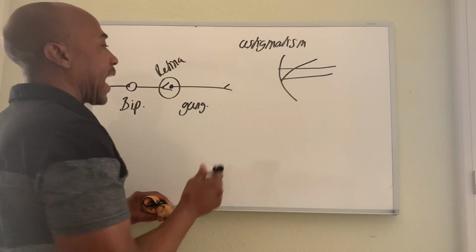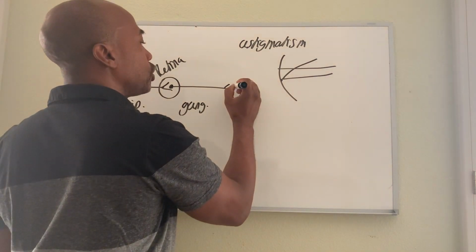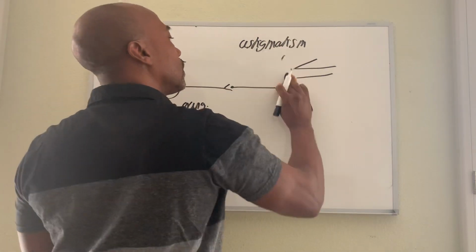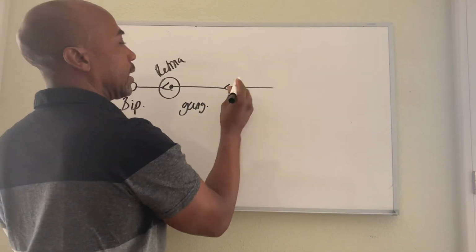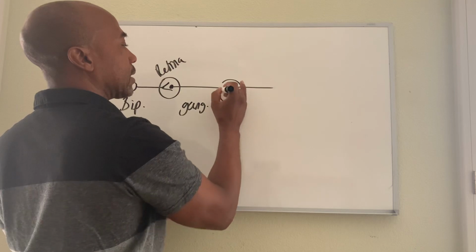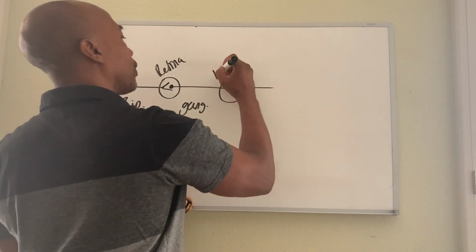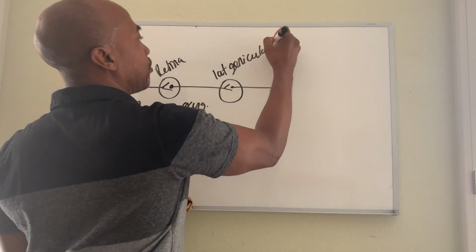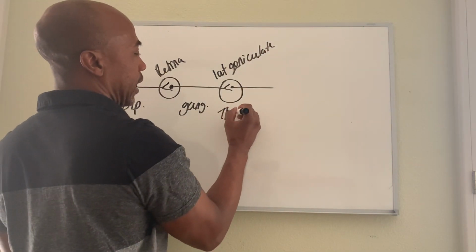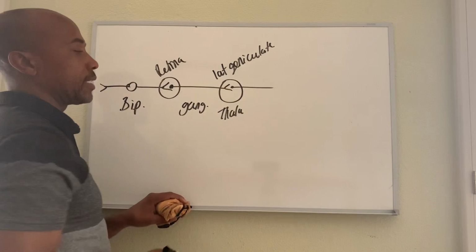And then the ganglion cells will synapse with some interneuron in the thalamus, in an area called your lateral geniculate body of the thalamus. That's where the second neuron synapses.